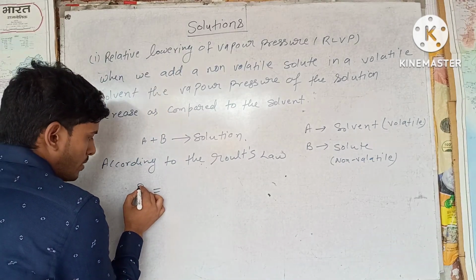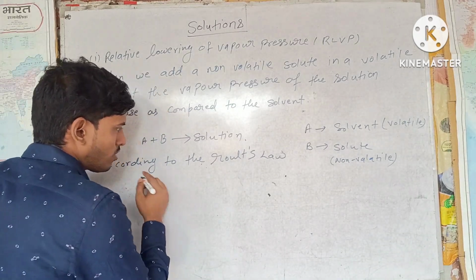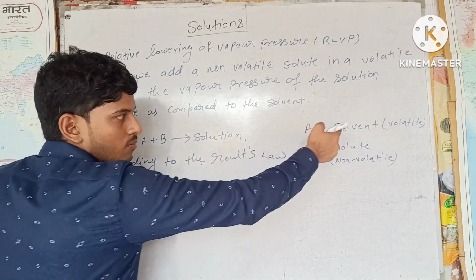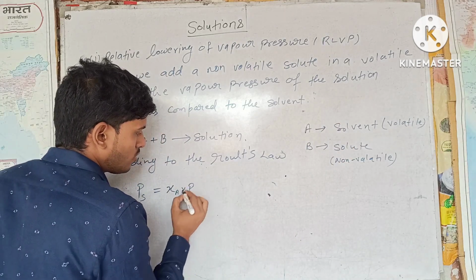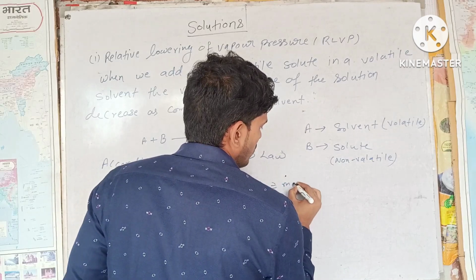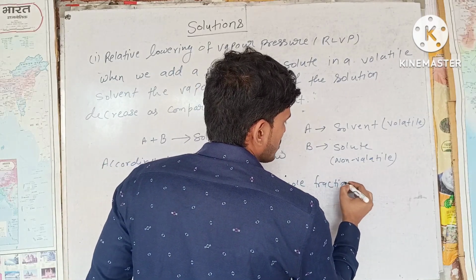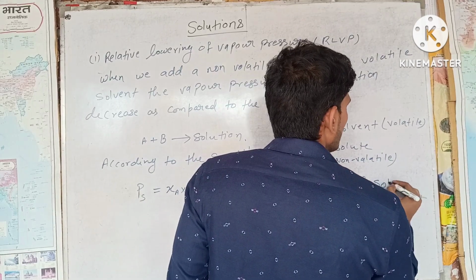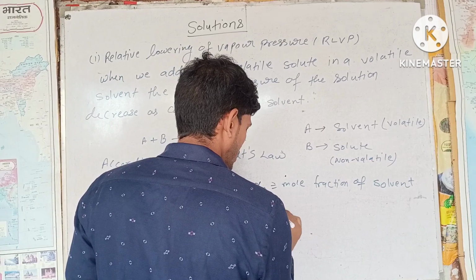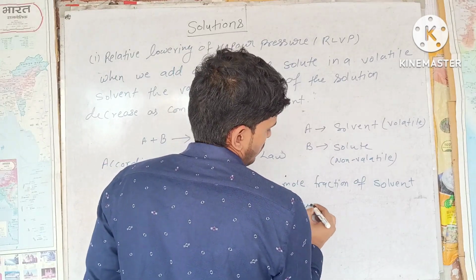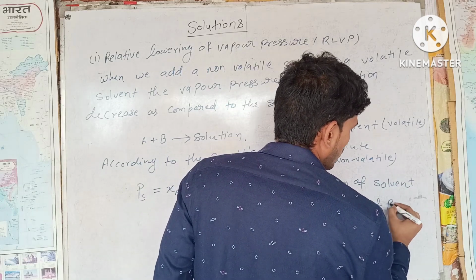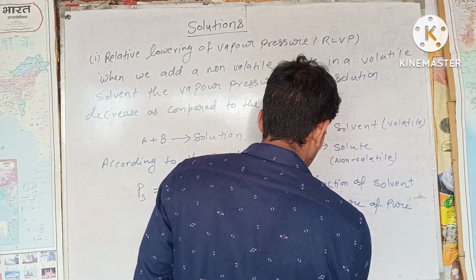The vapor pressure of the solution, according to Raoult's law, is equal to the mole fraction of solvent times P naught A. Here XA is the mole fraction of solvent and P naught A is the vapor pressure of pure solvent.